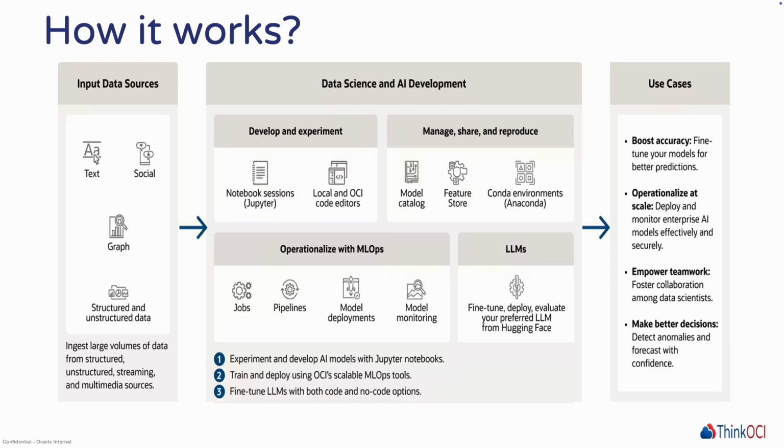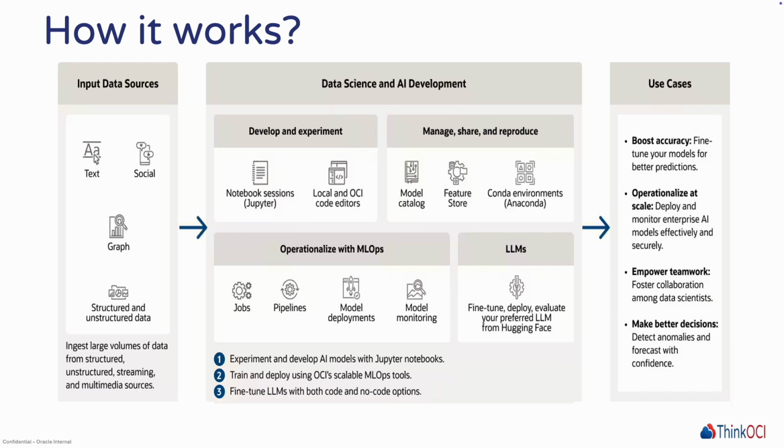Once data is ready, you enter the development and experimentation phase. You work with cloud-hosted Jupyter Notebook, and you can prototype transformations or Spark jobs. For heavier data processing, you can offload to OCI Data Flow from within your notebook. You also get built-in conda environments, and you can use the ADS SDK to streamline workflows.